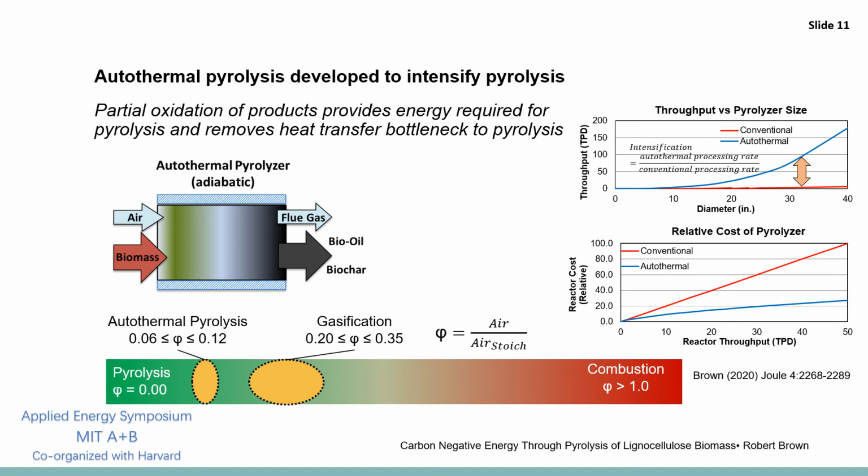But in comparison, autothermal pyrolysis is a volumetric process, and it scales as the cube of the diameter of the reactor. This also has effects on the cost of the reactor, with the autothermal pyrolysis achieving classical economies of scale in the cost of the reactor versus the throughput of the reactor, compared to the conventional reactor cost.